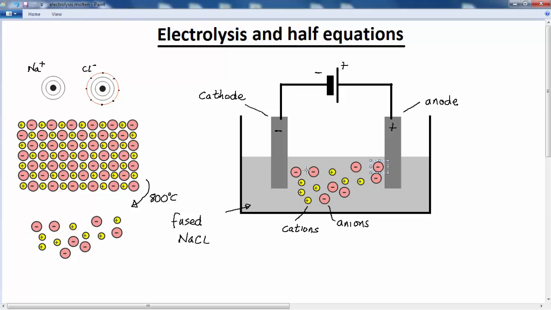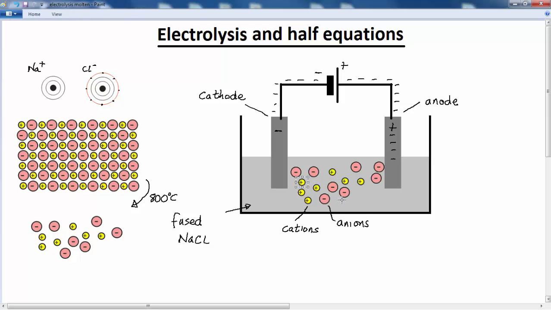And when they arrive at the positive electrode, they will give their extra electron to the electric circuit, and electrons will start to flow around the circuit as more and more chlorine ions donate their electrons at the anode. So we have an electric current flowing this way.